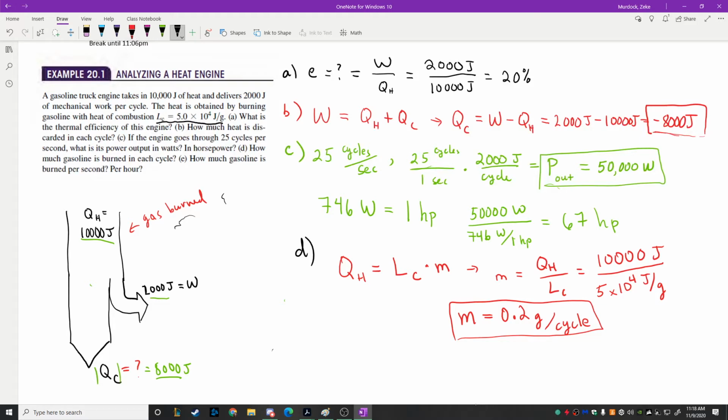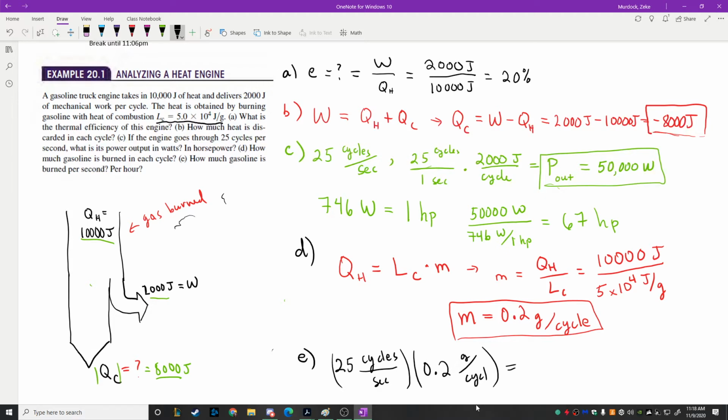So for that, we know that there's 25 cycles per second. And we multiply that times 0.2 grams per cycle. So every 5 cycles it burns 1 gram.